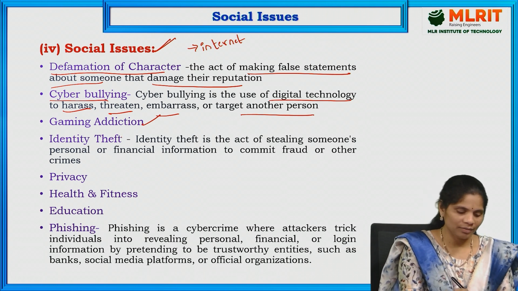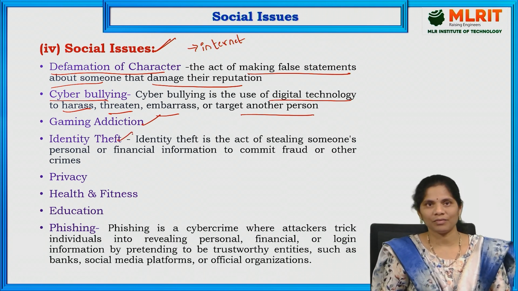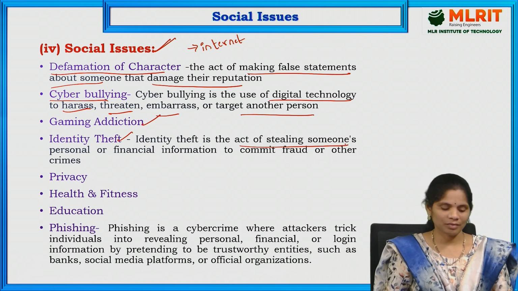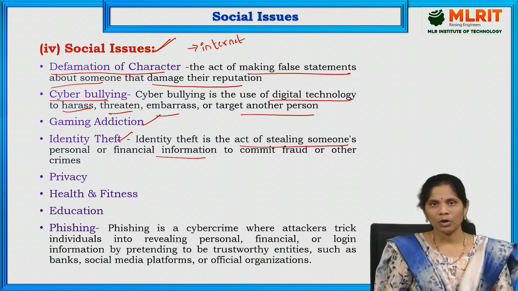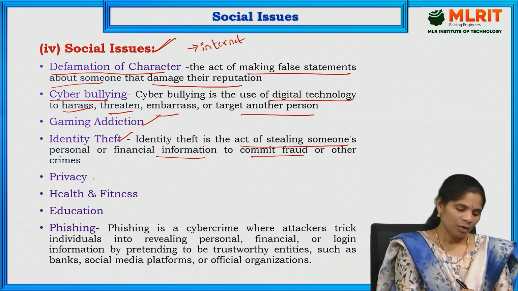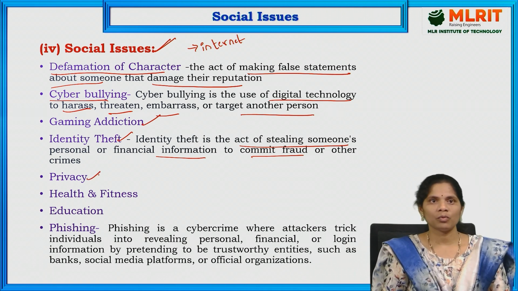And next one is identity theft, which is stealing someone's information to commit fraud. Providing privacy is also an issue. In health and fitness also we are using computer networks.